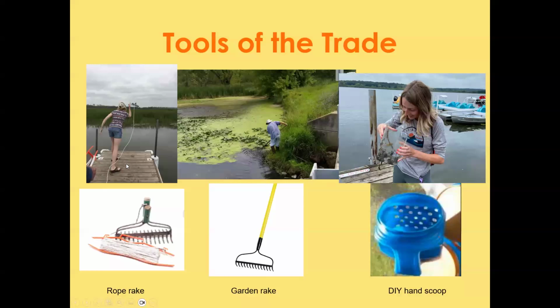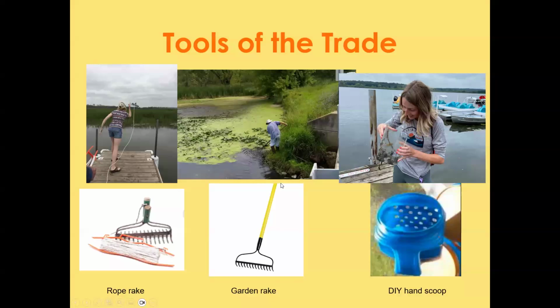And you use this to toss it out into the water, and you're wanting to collect vegetation that's farther away from you that you otherwise might not be able to see or reach. So you can see in this picture here, this person at the end of a dock is tossing it out into the water. And importantly, her teammate is holding on to the other end of the rake, right? So we don't want to lose any rakes in there.